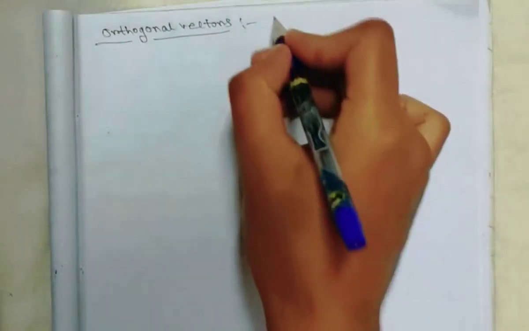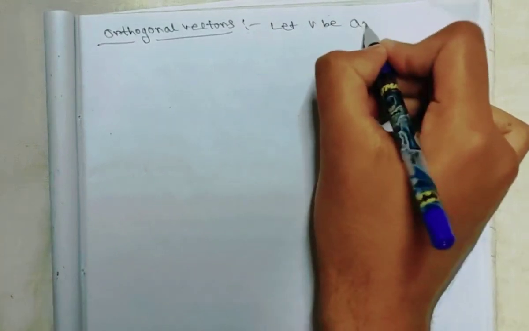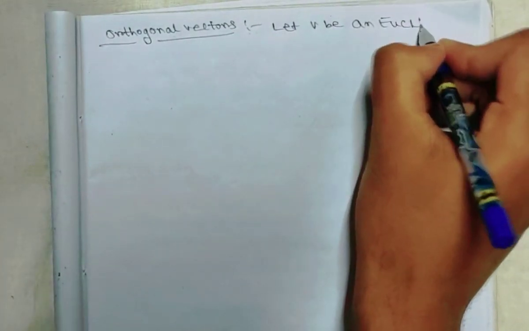Orthogonal vectors. First of all, the definition of orthogonal vectors. Let V be a Euclidean space.